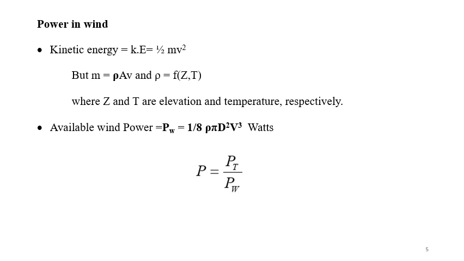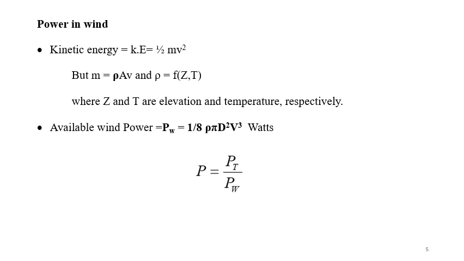We know that power is equal to energy per unit time. The energy available is the kinetic energy of wind. The kinetic energy of any particle is equal to 1/2 its mass times the square of its velocity, that is half m v square.